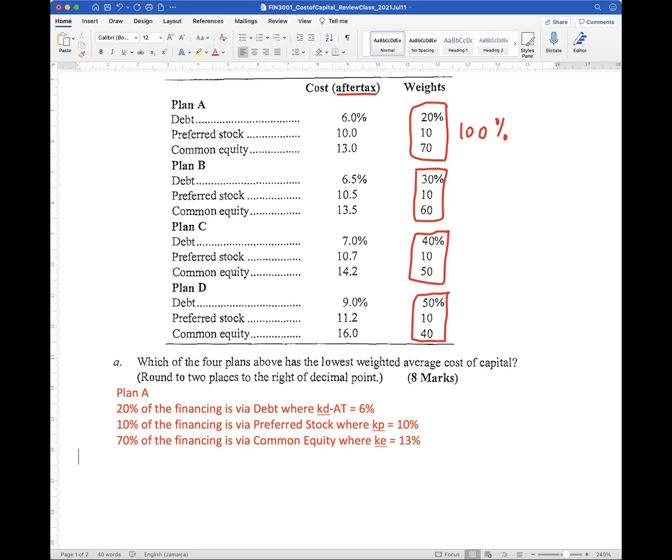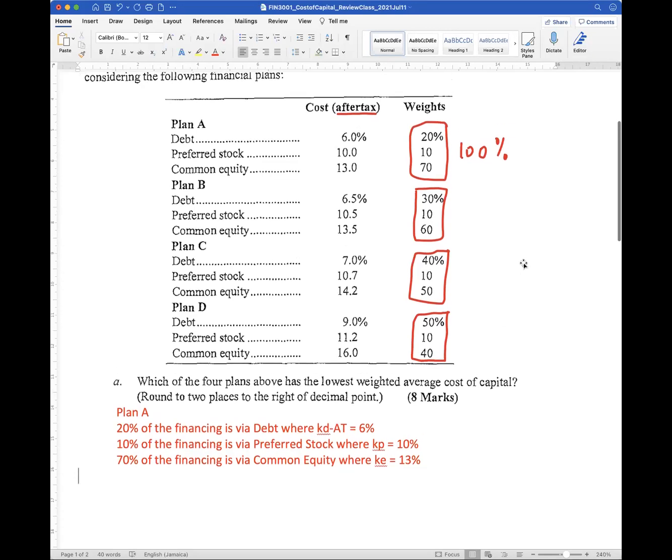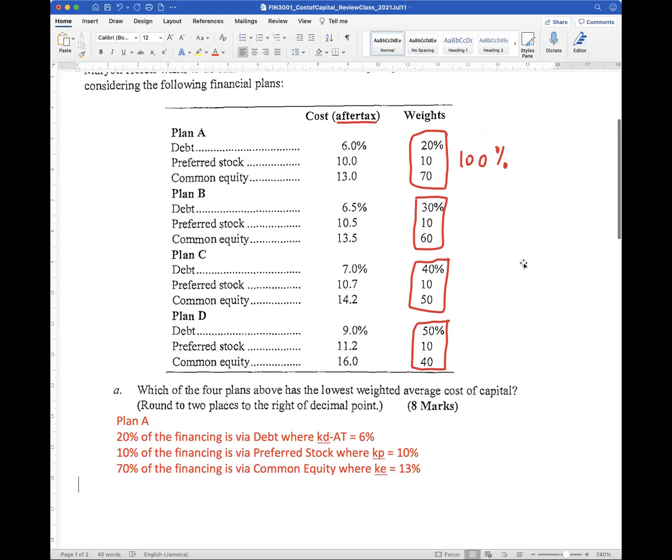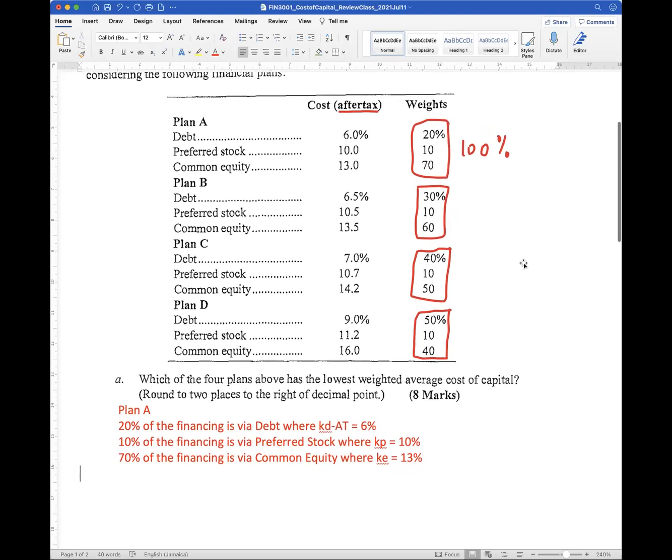But is everybody clear what we mean when we say the financing?